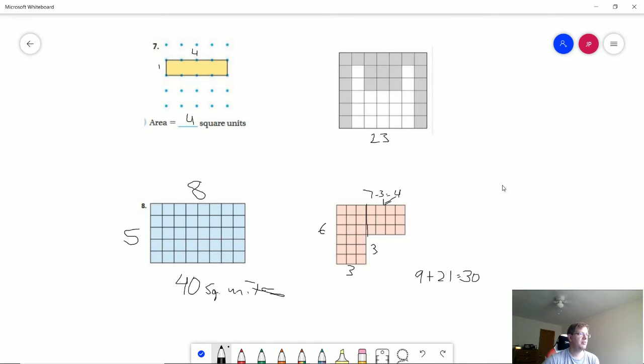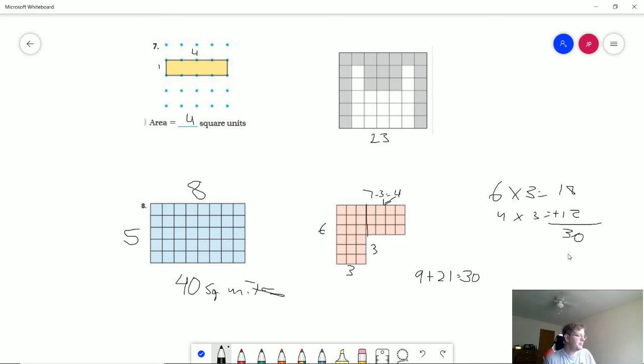So we would end up with 6 times 3, which is 18, and 4 times 3, which is 12, and then you add those together. And that again gives us our 30 squares.